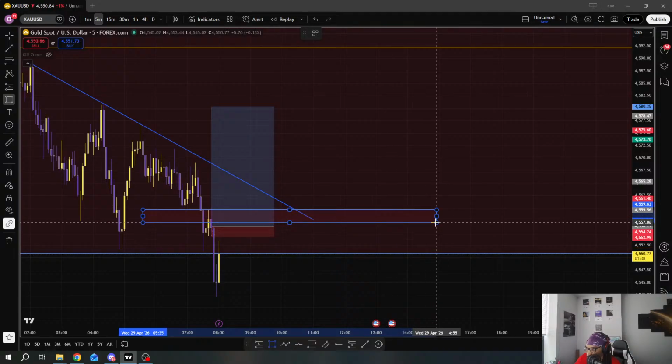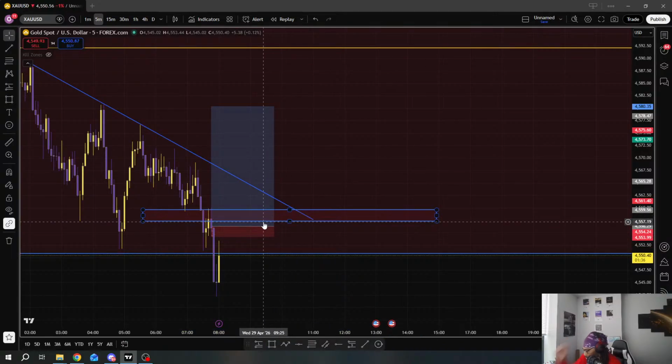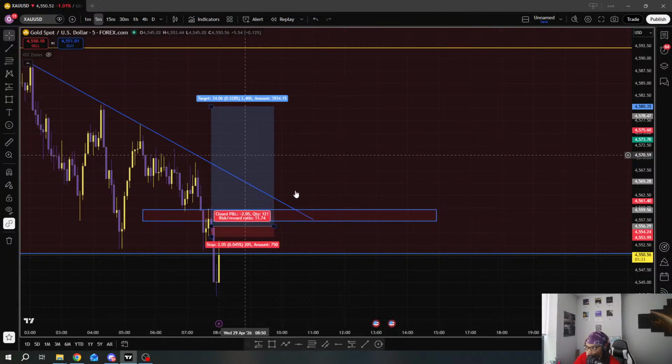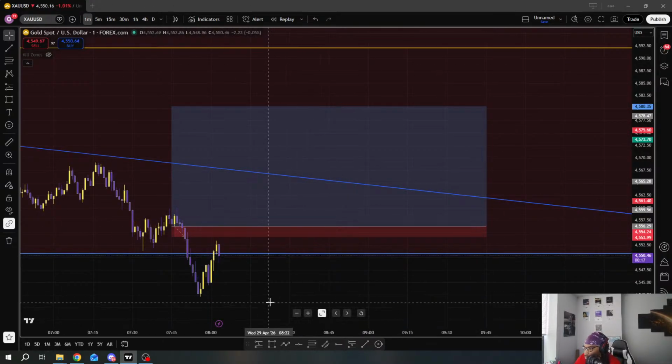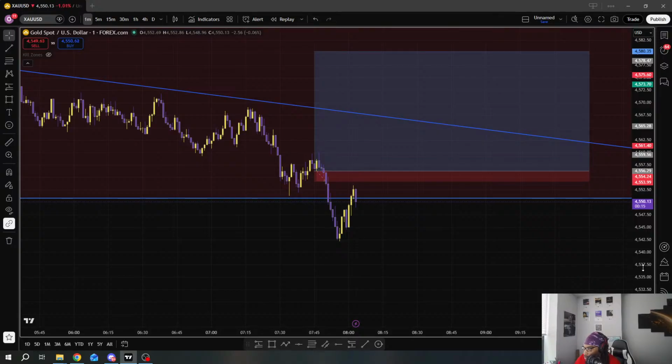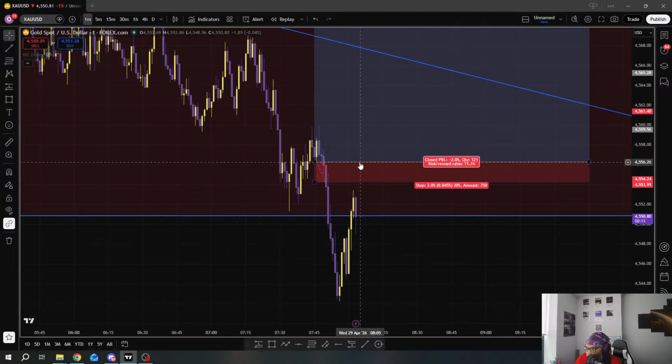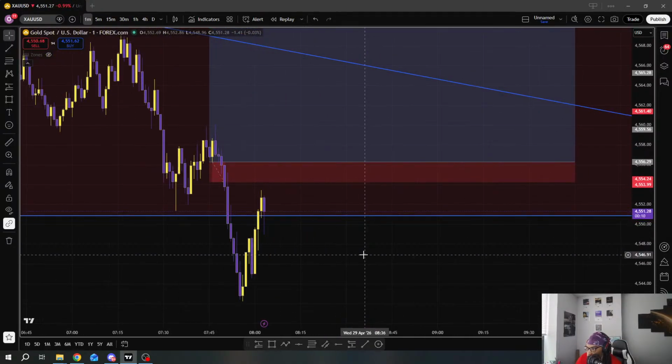Give me like a break and retest in this area. Break, retest, small position.